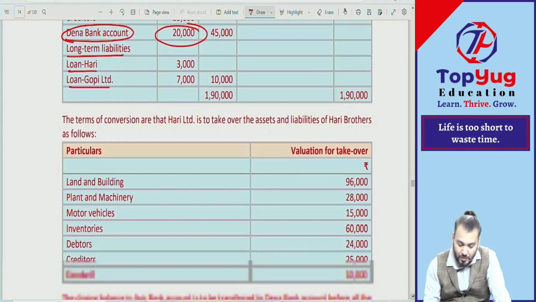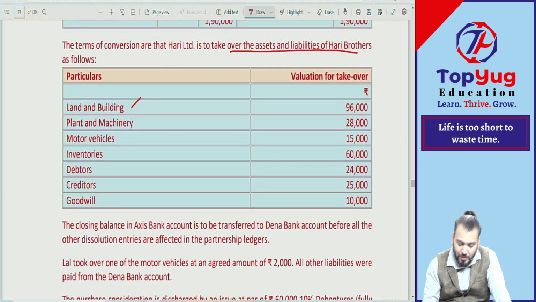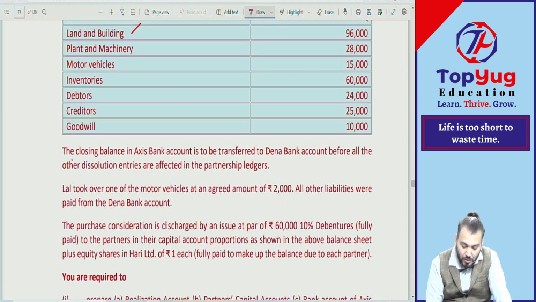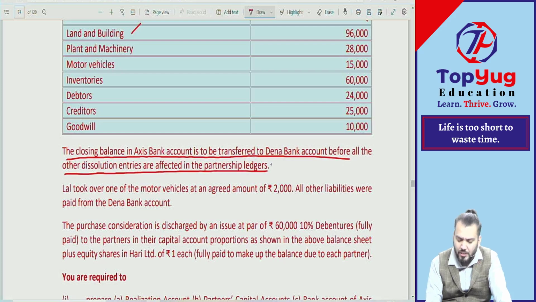The terms of conversion are that Hari Limited will take over assets and liability of Hari Brothers as follows. So these are the assets and liabilities which are taken over. The closing balance in Axis Bank account is to be transferred to Dena Bank account before all other dissolution entries are effected in the partnership ledger. Means it is simple.